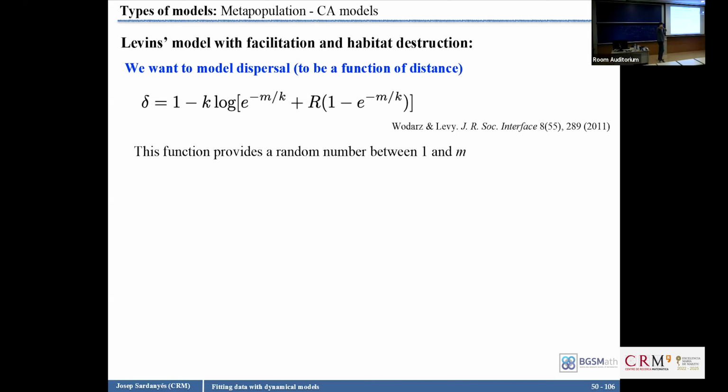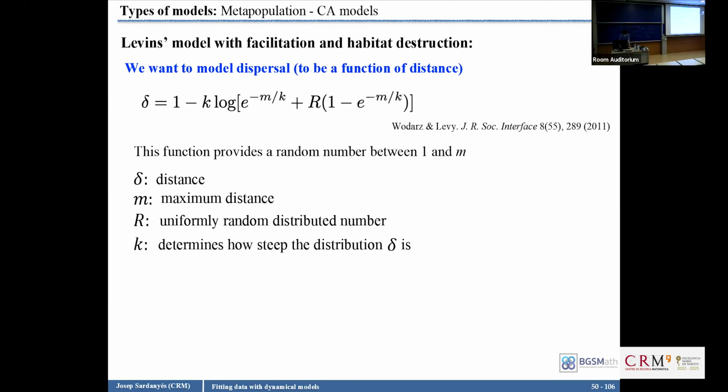But how far it goes depends on the distance. So the longer it has to go, the more difficult. But of course, it will depend on the parameters of this function. So, for example, delta is the number of this function that will say how far you are going. M is the maximum distance that you can achieve. Then R is a uniformly distributed random number.